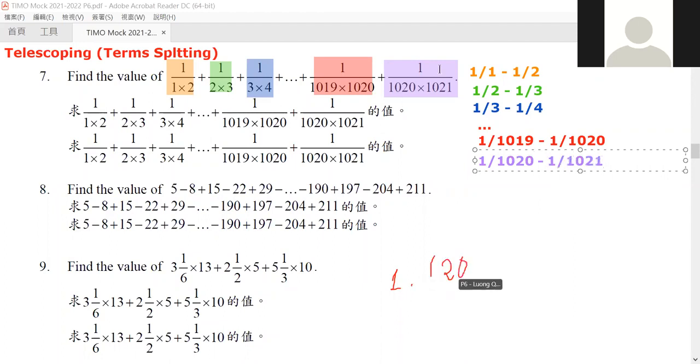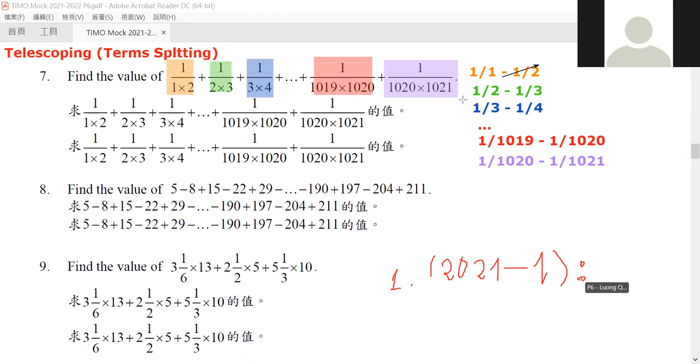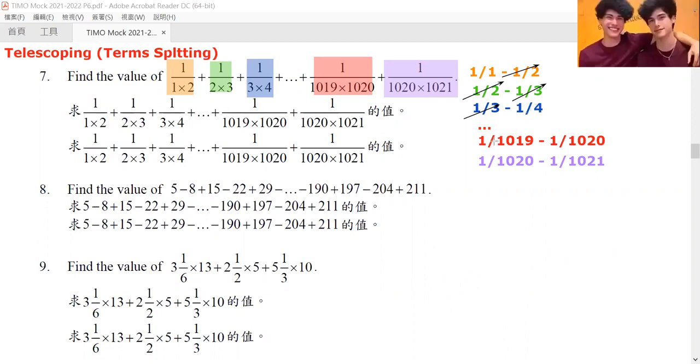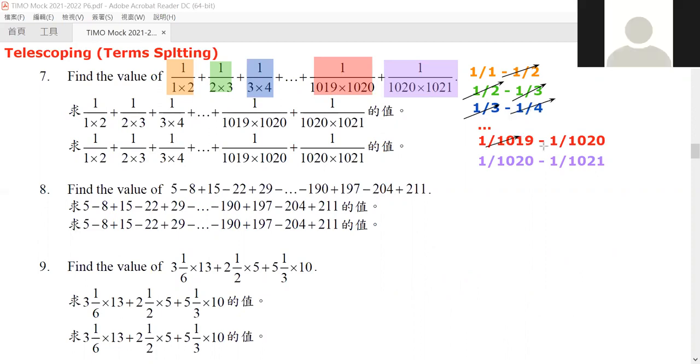Now, in here you can see that all these terms can cancel out, because minus 1 over 2 and plus 1 over 2 will cancel out. Minus 1 over 3 and 1 over 3 will cancel out. We will cancel them out.